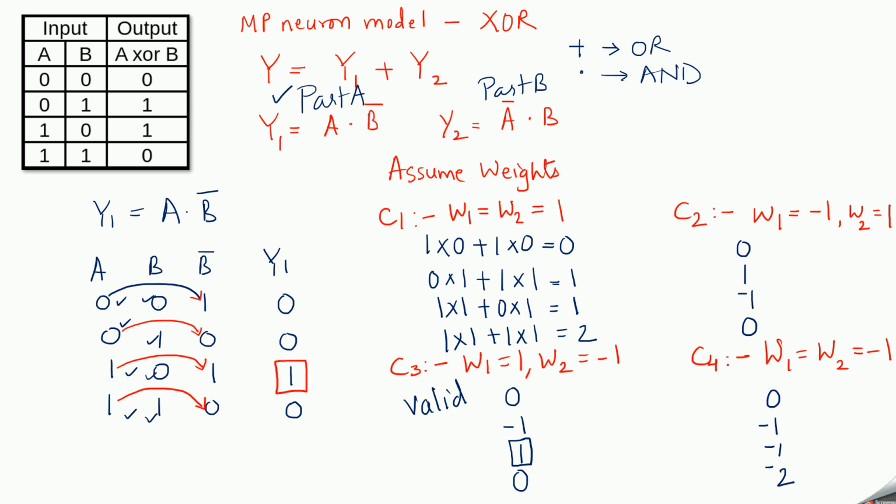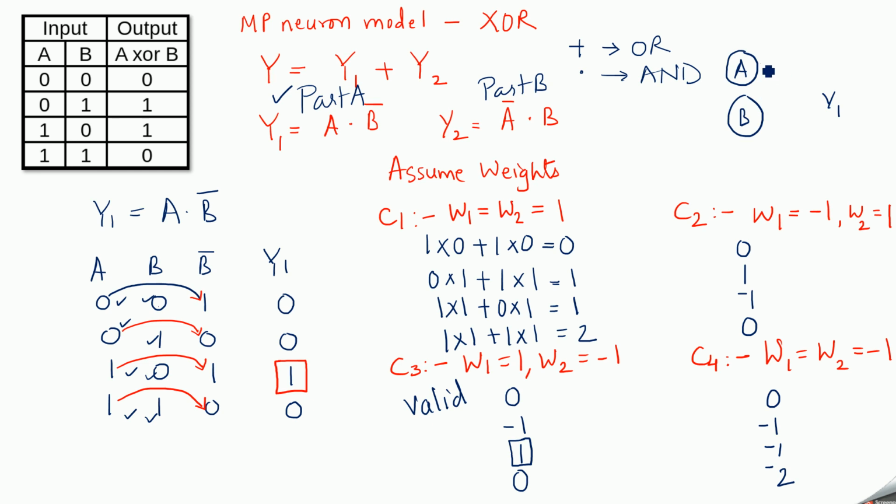So if we want to draw our Macaulay-Pitts model for part A, it's basically going to be your inputs, which are nothing but your A and B. All right.